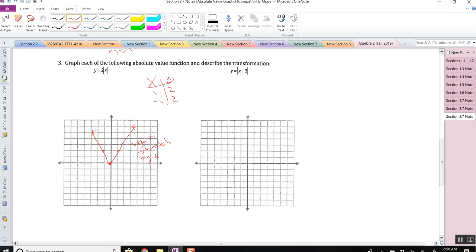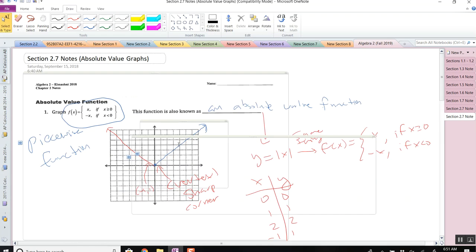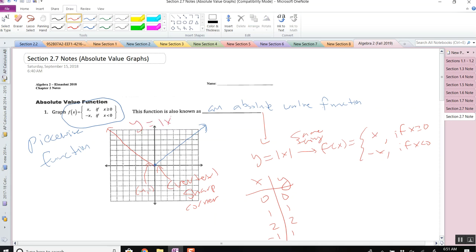And we tend to say by a factor of 2 because it's like the slope is now 2 instead of 1 compared to what we had over here when we graph the y equals half psi of x, which is the same thing as that piecewise function. So this right here, y equals half psi of x.